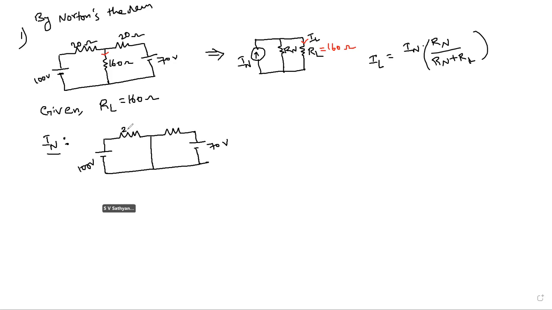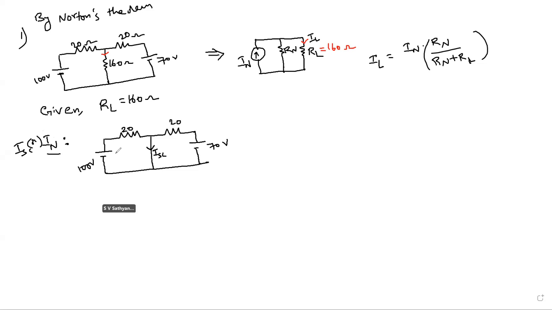So now it should be 20, another 20. First step done, short circuited the load terminals. The second step is to find the current passing through the short circuit path. This is the current passing through the short circuit path, that is IN or ISC.